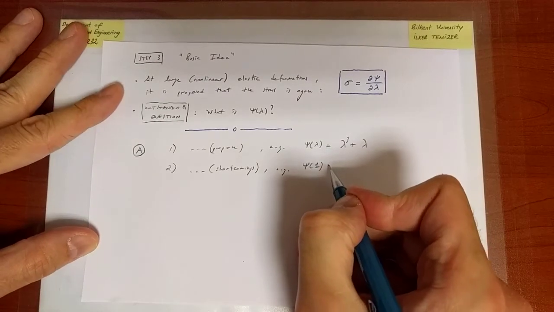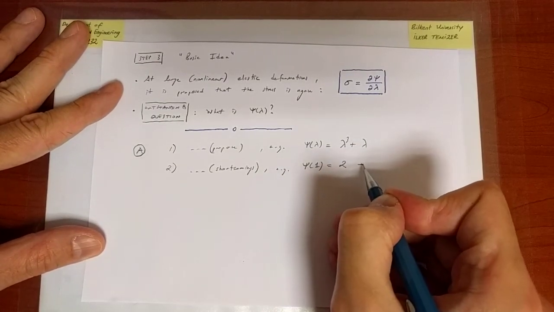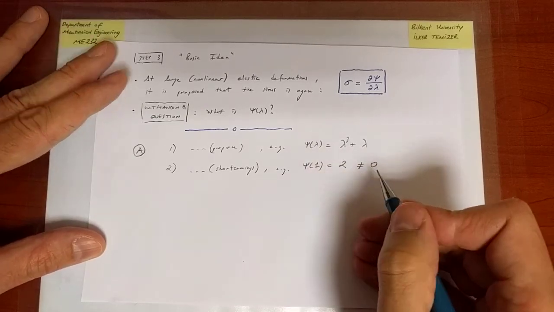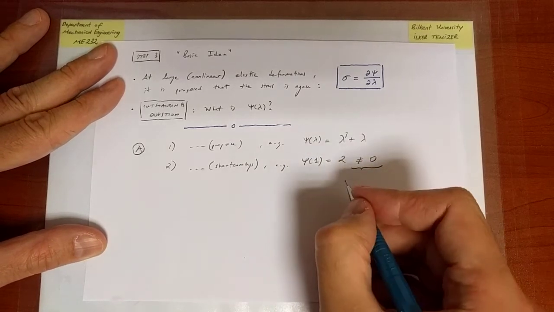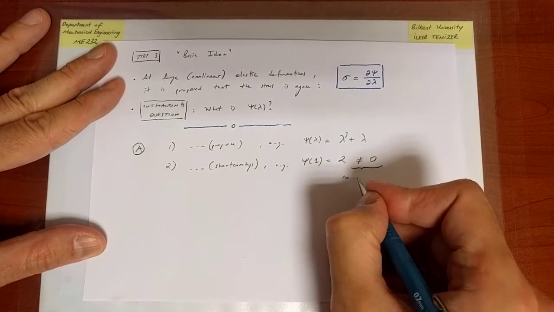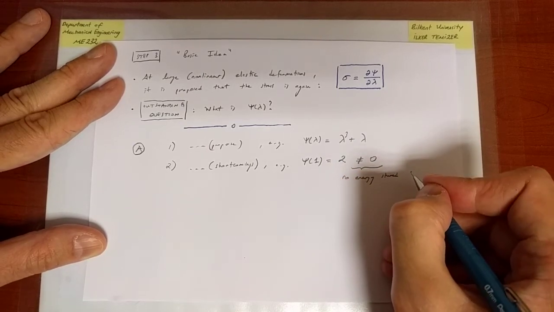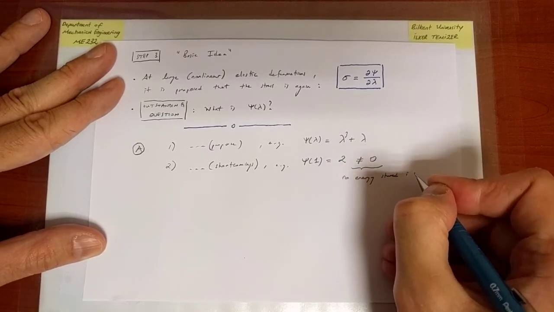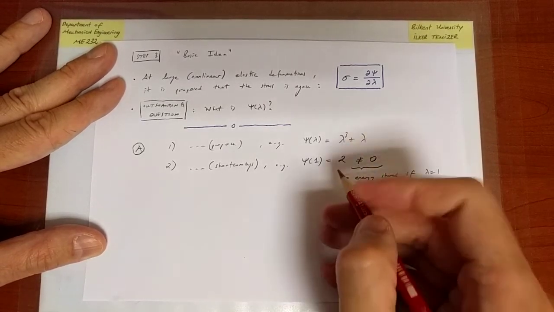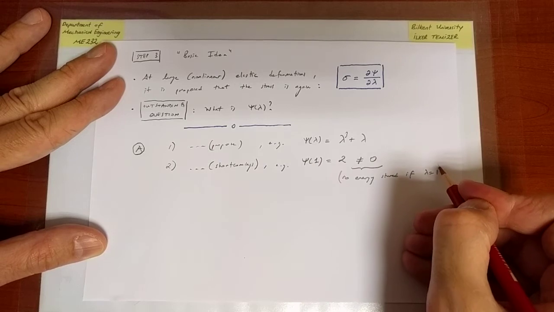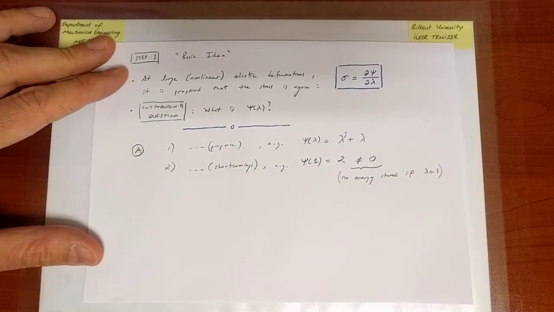But this function predicts that it should be 2, which is strange. So this is not equal to 0. It's not quite something I like, okay? So I want no energy stored if lambda equals 1. It's just something that we'd like to have. It turns out it's not a big necessity. Certainly it is physically pleasing to have it.